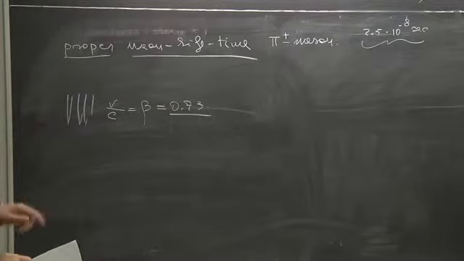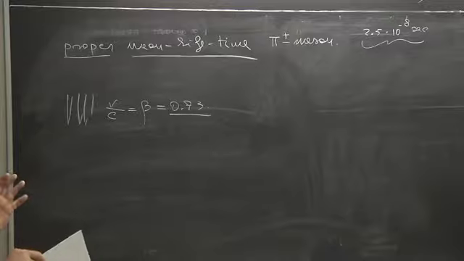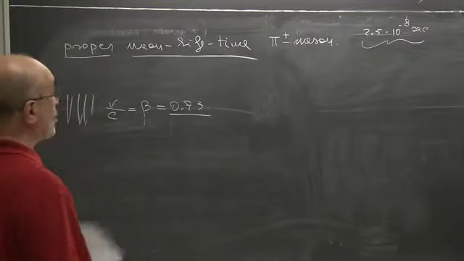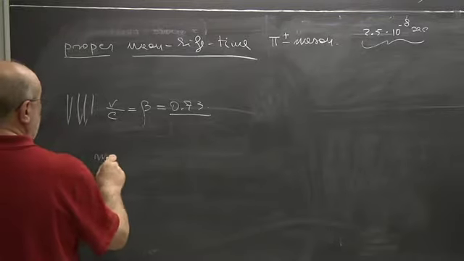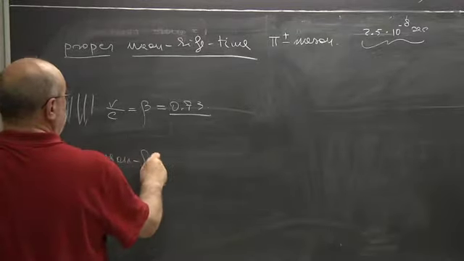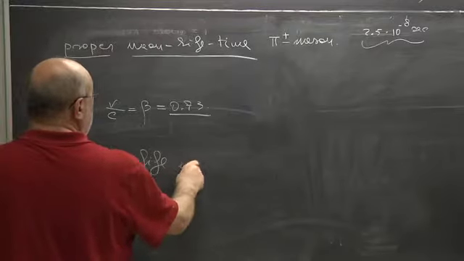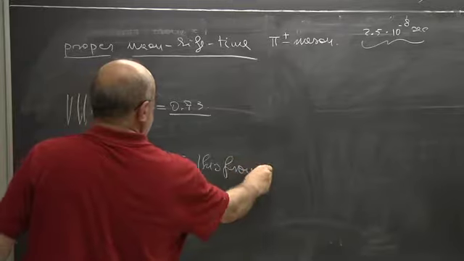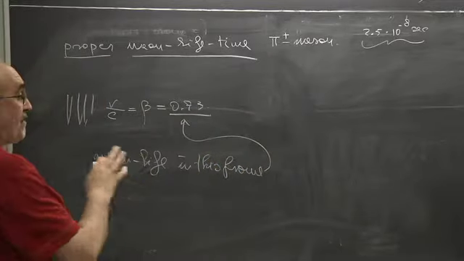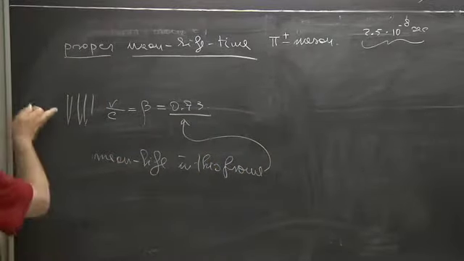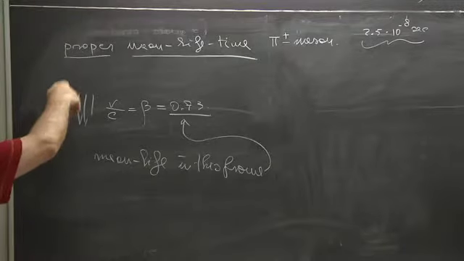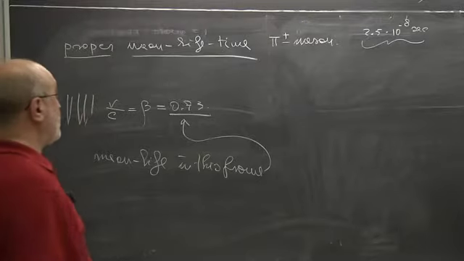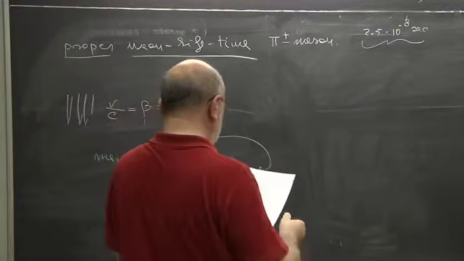So we could also imagine that we are in a frame that moves with the opposite velocity, and we want to know the mean life in this frame. Instead of them coming down, we are moving up and they are at rest. And so we want to know the mean life in this frame.